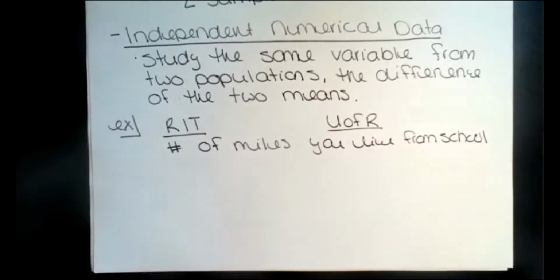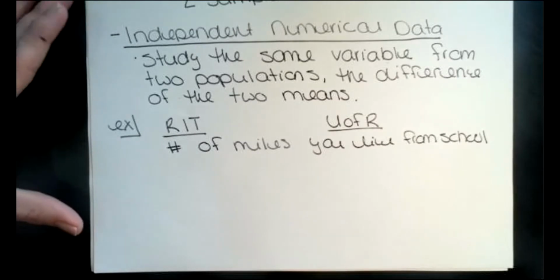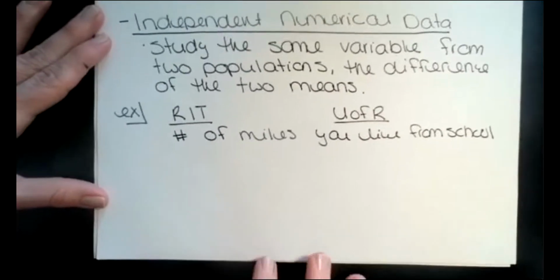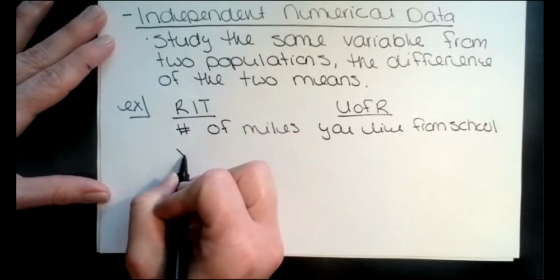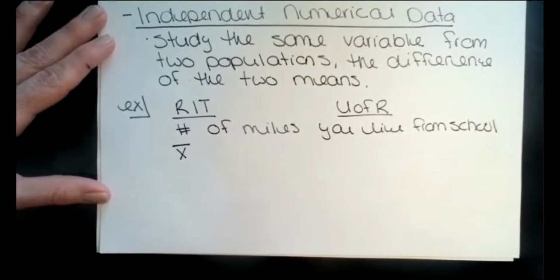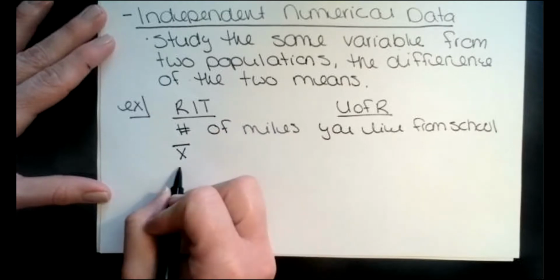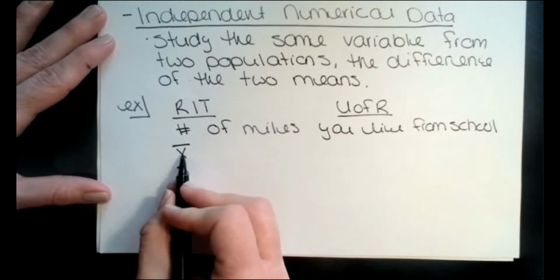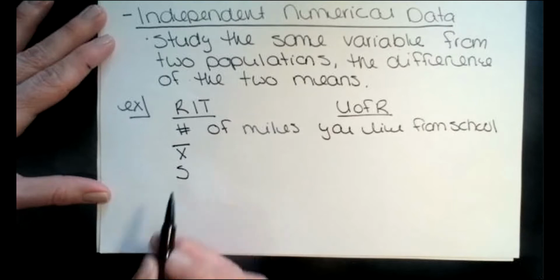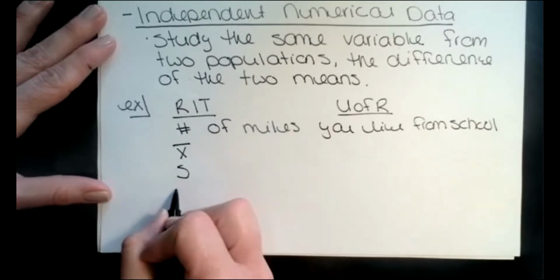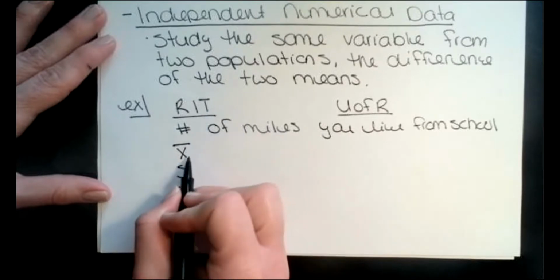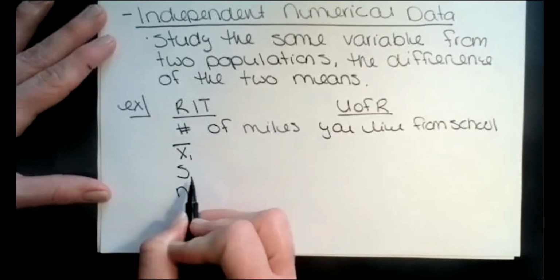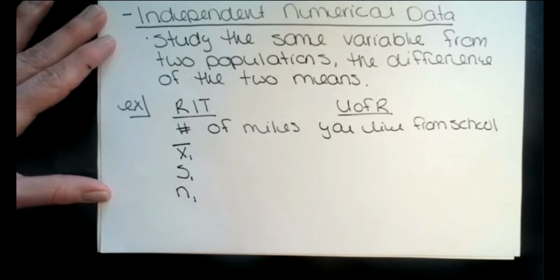Or you could ask, how many miles are you from home? For RIT, we're going to have an X bar and an S. Remember, X bar is the sample mean, S is the sample standard deviation, and we will have an N. This is my group one, so I'm going to put a little one in my notation so I can keep them separated.